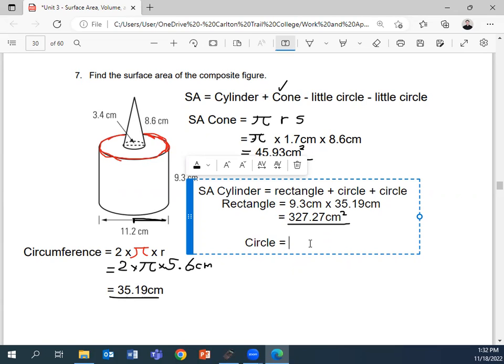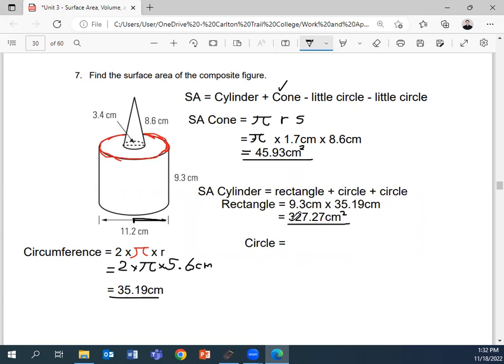So the area of a circle is just going to be pi r squared, right? My radius is what? What's my radius, Hannah? 5.6.